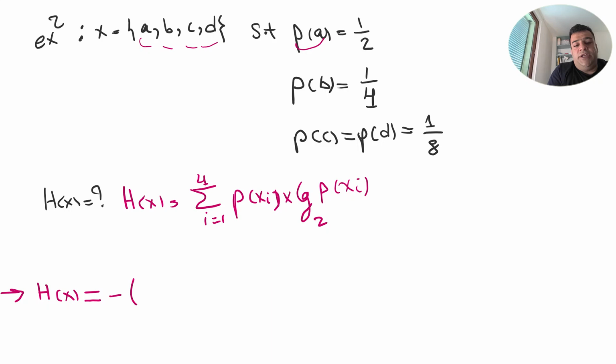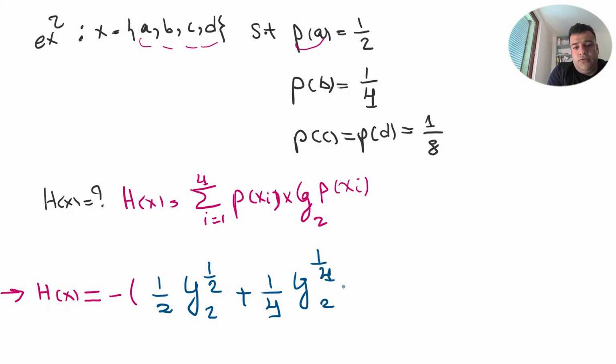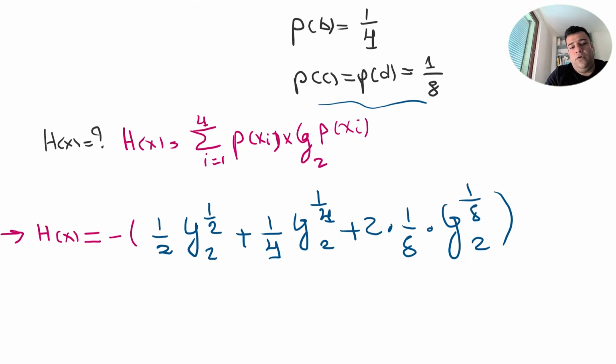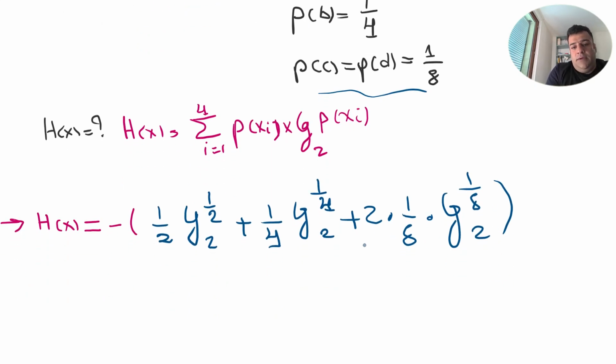The calculation gives us 1/2 log 1/2 in base 2, plus 1/4 log 1/4 in base 2, and also, because there are two of them, 2 times 1/8 times log 1/8 in base 2.